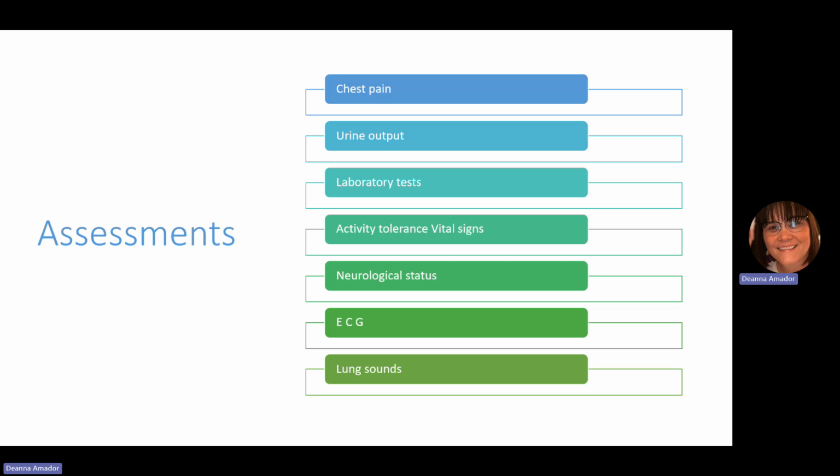And if somebody's in heart failure, then you have overstretched ventricles. So a BNP is a lab test that they will draw, and if that's elevated, then that could tell them that they're having fluid overload and heart failure symptoms or complications.